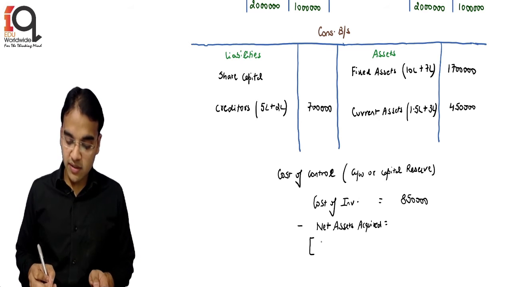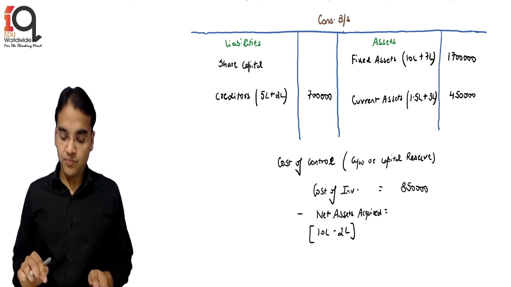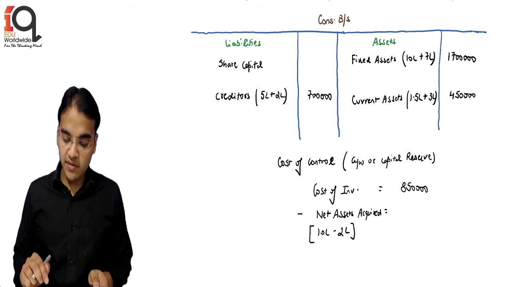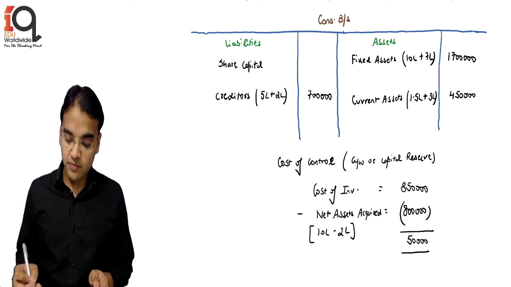Total net assets is total assets 10 lakh minus outsider liabilities 2 lakh. So that comes out to 8 lakh. So student, this figure is coming as plus 50,000, and that is termed as goodwill.